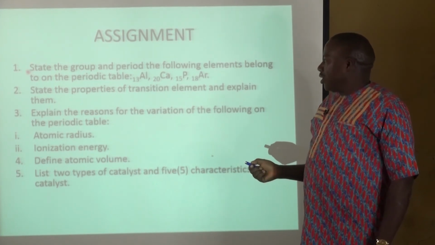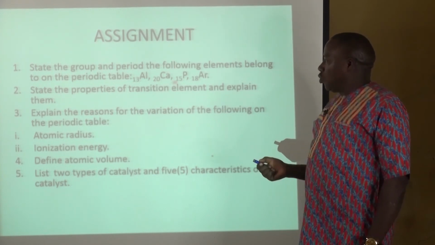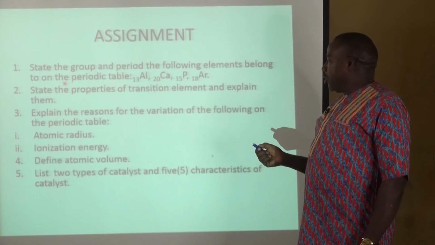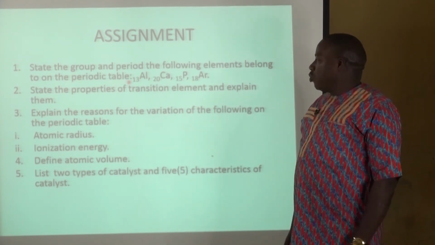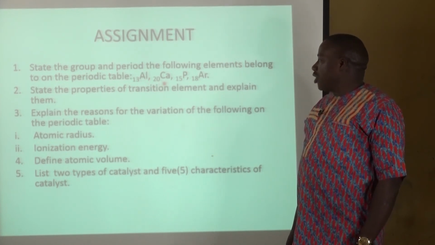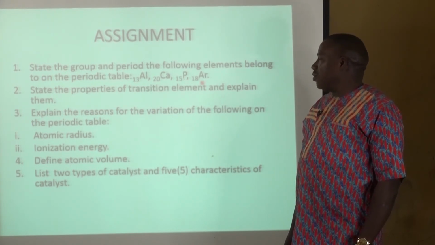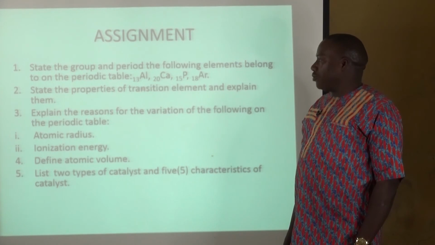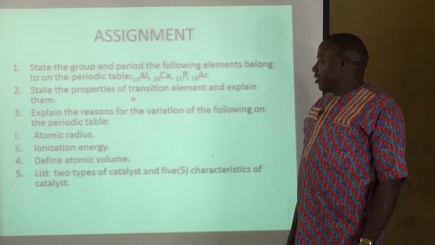Question number 1. State the group and period the following elements belong to in the periodic table. The elements are aluminium with atomic number 13, calcium with atomic number 20, phosphorus with atomic number 15, and argon with atomic number 18. Question number 2. State the properties of transition elements and explain them.